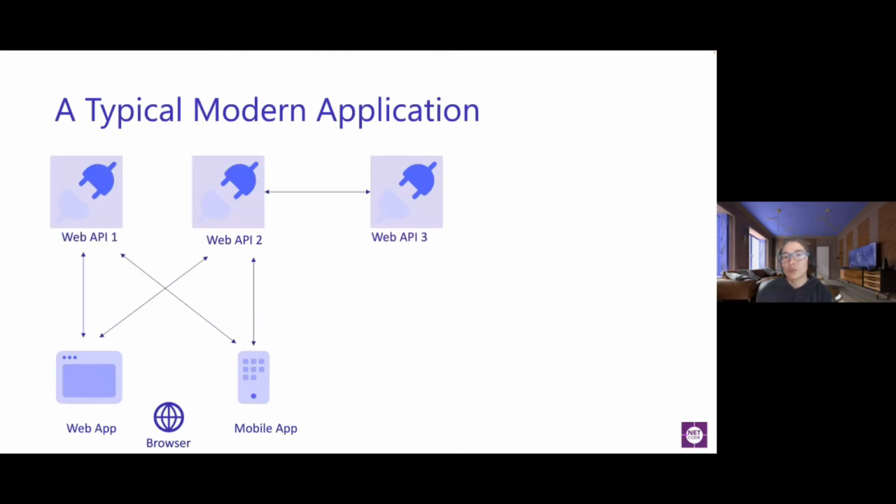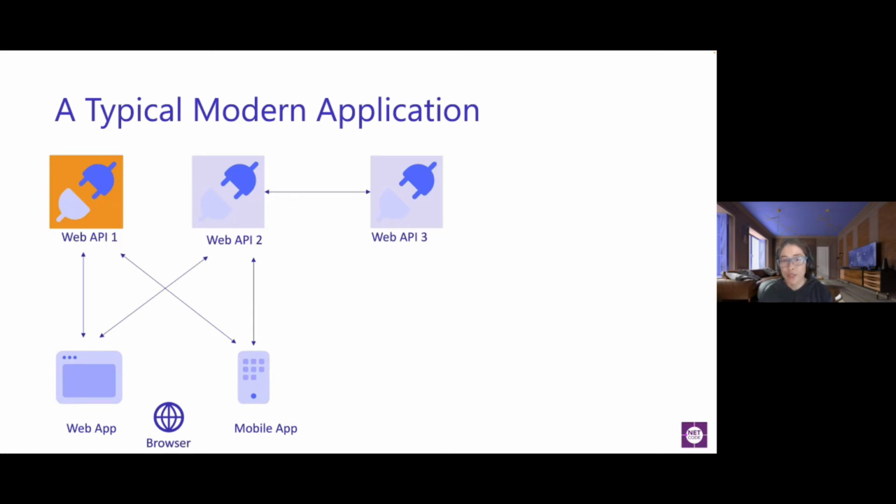Now let's apply this concept to a typical modern application, which would look more or less like this. We have the browser and mobile as front-end applications. Nowadays, our front-end applications typically talk to APIs, which can come from many different applications or projects that make up the whole functionality. As you can see, this typical modern application brings challenges and complexities when performing authentication.